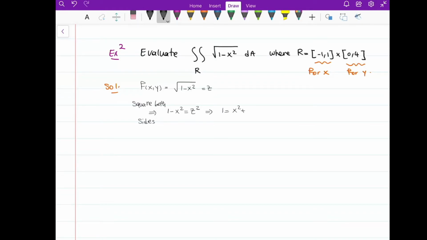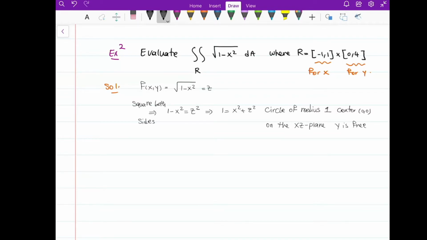Oh, x squared plus z squared is equal to 1. What is that? It's a circle of radius 1, center origin, right? And it's on the xz plane. As you see, y is free.